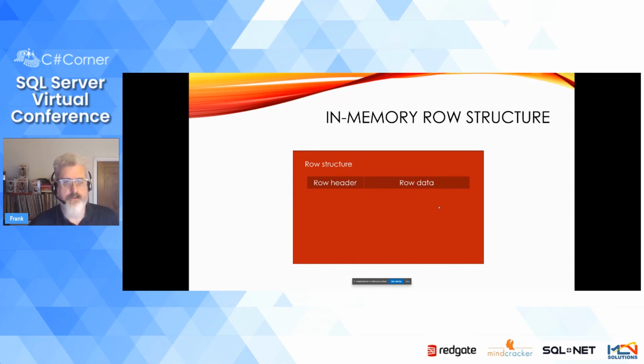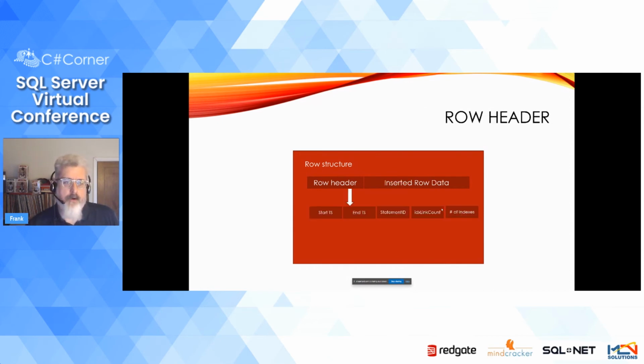And that row has a structure with a row header and then the row data. And that row header contains a number of different pieces of data. The two most important ones are the start timestamp and the end timestamp. You also have the statement ID of the statement that generated the row, and then information about the indexes in that row.